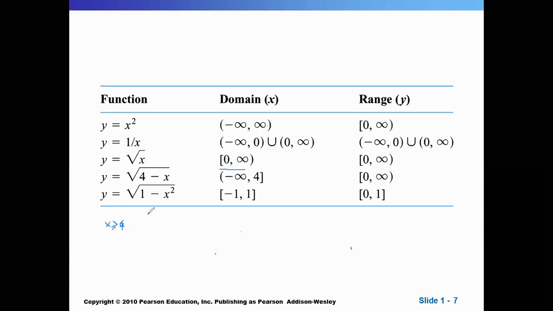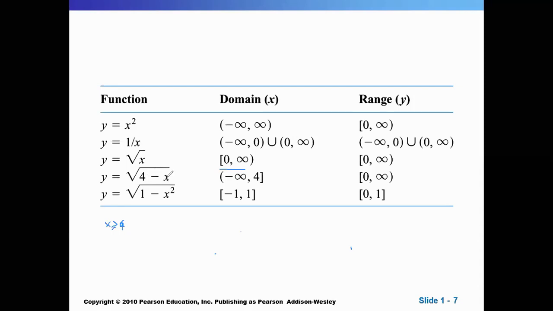This is a little bit tricky if we're not careful. That means the smallest value under the square root must be what? The smallest value under this is 0, correct. When are we going to reach 0? From 4, when x is equal to 4, right?